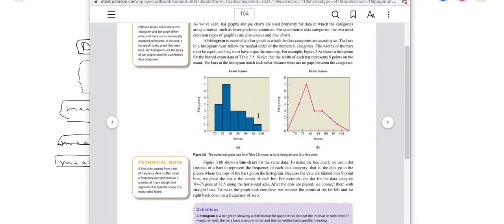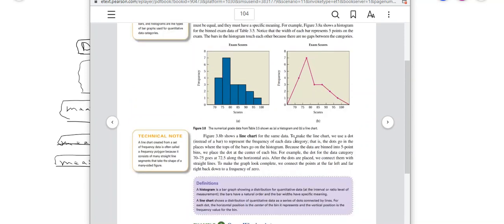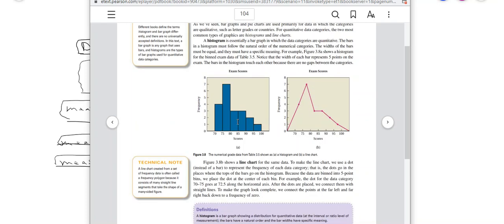And then one other one I want to talk about with the basic types of graphs. You'll see he has a histogram here. And then he has what they call either a frequency polygon or a line graph. Now, why would you use one as opposed to the other? Well, if I was going to put more than one set of data values on the same chart, this would get confusing very easily.